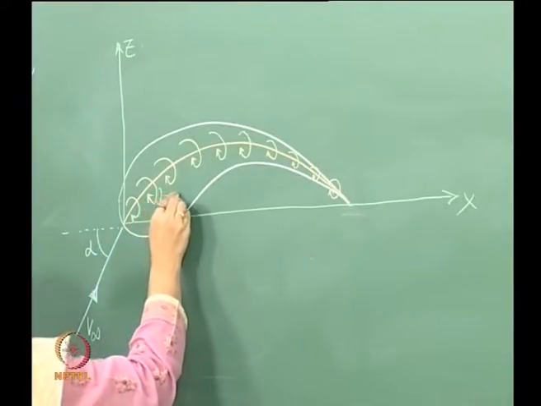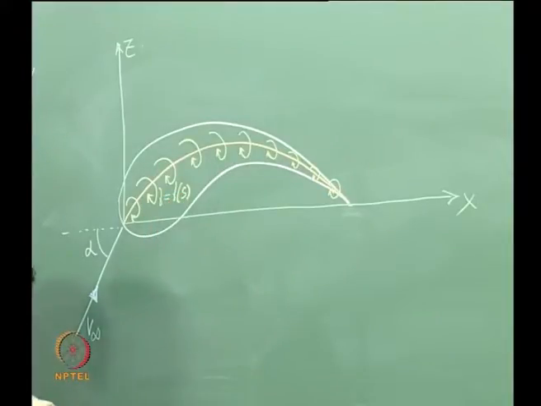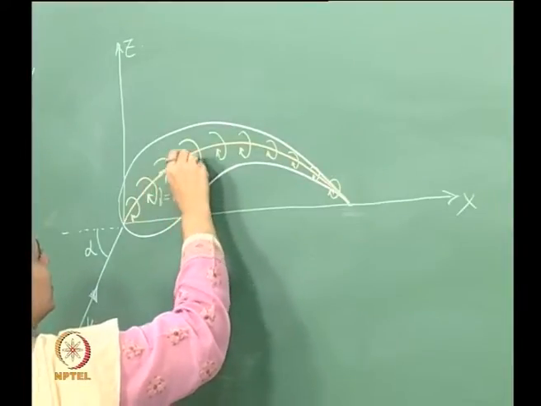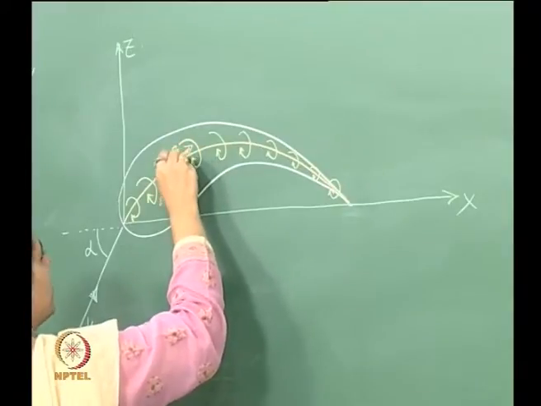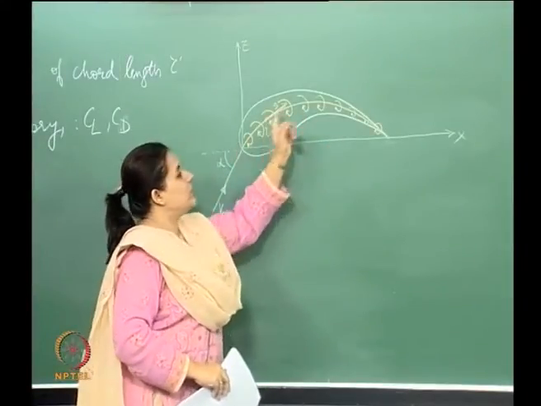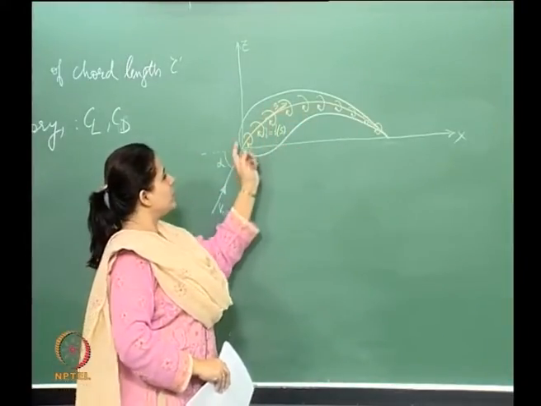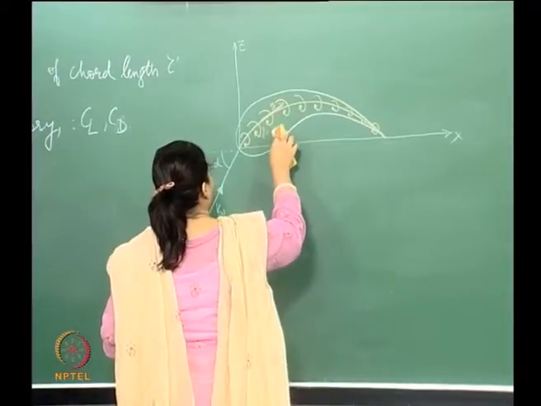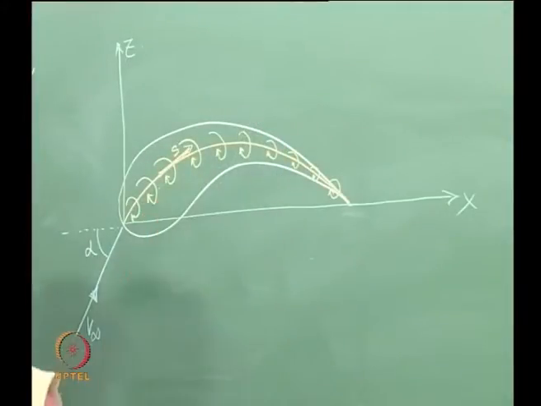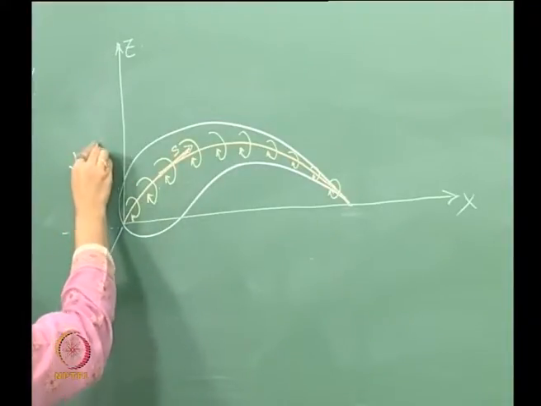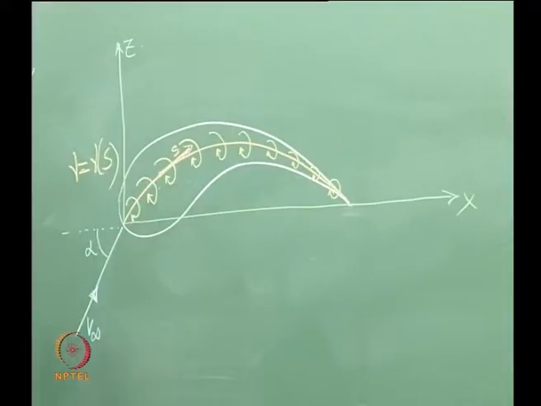Now this surface, let's say this is S. The vortices are distributed over this surface, this curved surface which is the camber line. So my vorticity distribution is over this surface S, and gamma is basically the strength of this distribution.